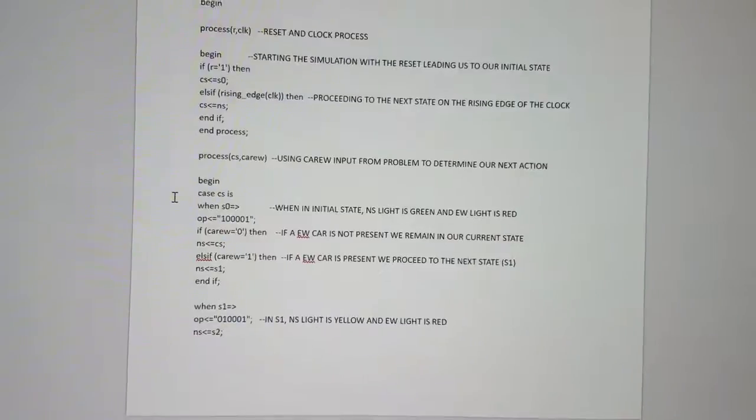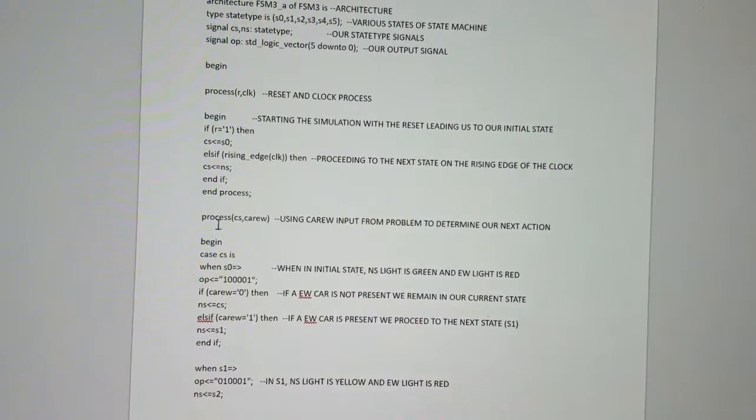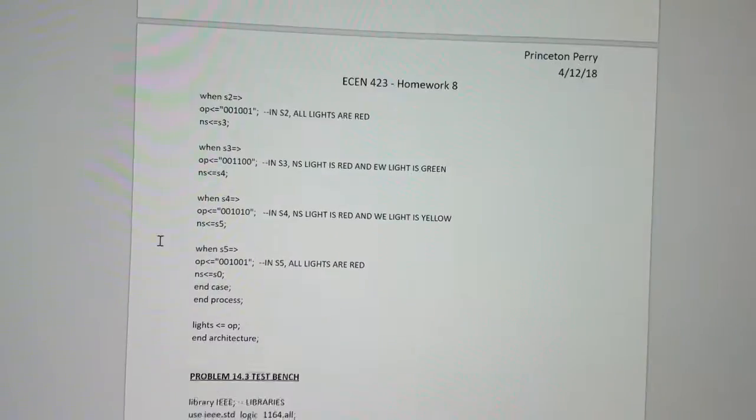And when we're in state 5, our output is basically all lights red, and in our next state we would proceed to our initial state. So basically the simulation will reset, and we will go back into our previous states up here. And then here, just connecting all the outputs and the lights.